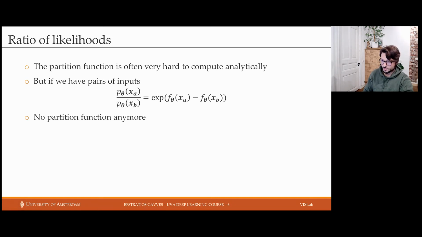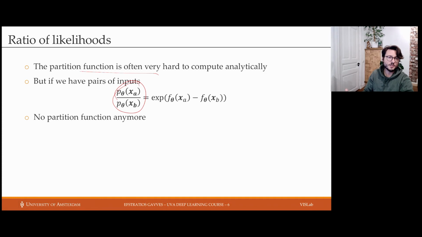Now, one of the things that we can do to help us with the partition function is ratios of likelihoods. So the partition function is often very hard to compute. However, we note that if we take the ratio of two likelihoods, the partition functions cancel each other out.